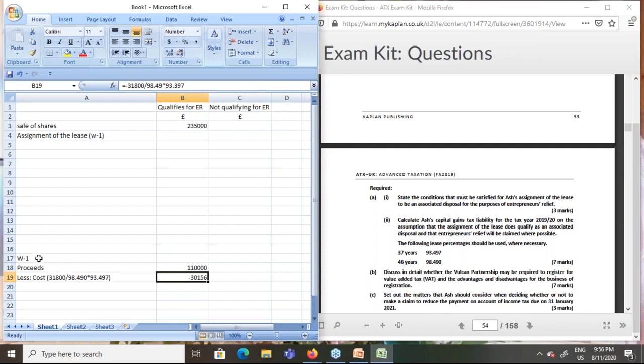Let me check again: 31,800 divided by 98.490 multiplied by 93.497. So that's correct. So the answer is 30,156.